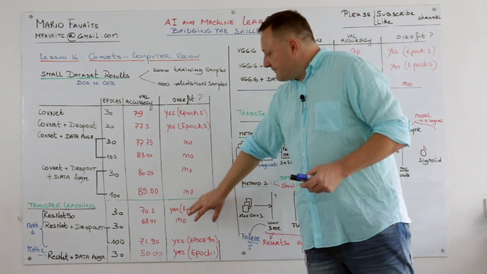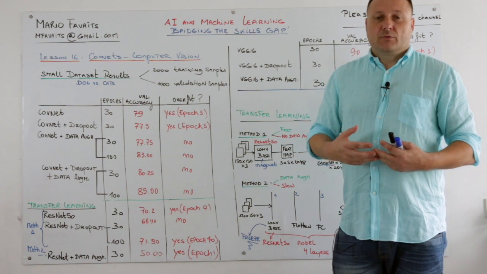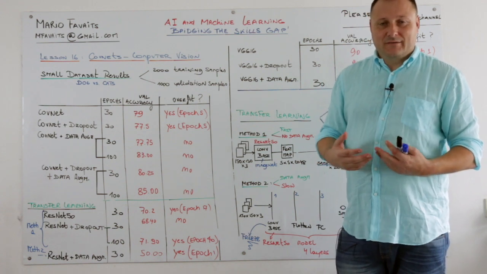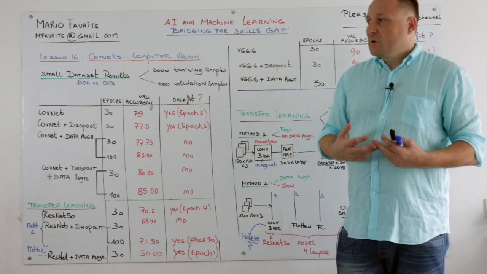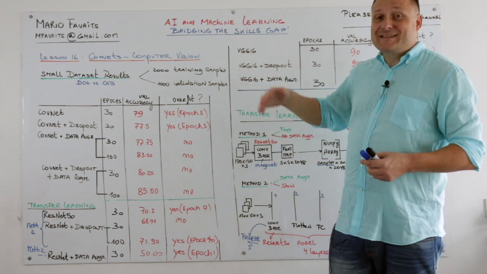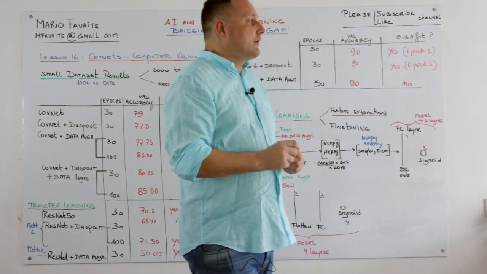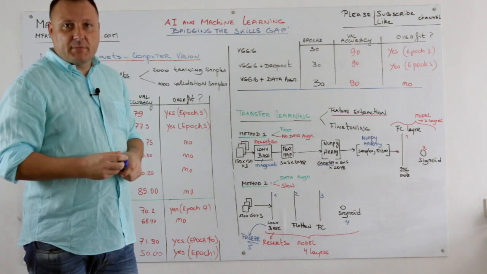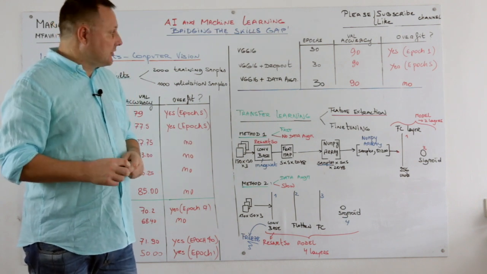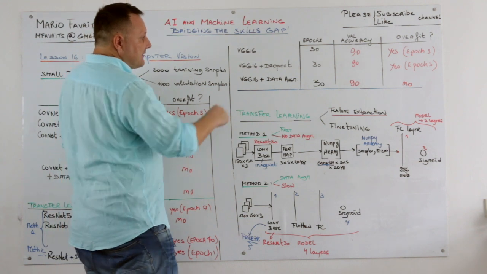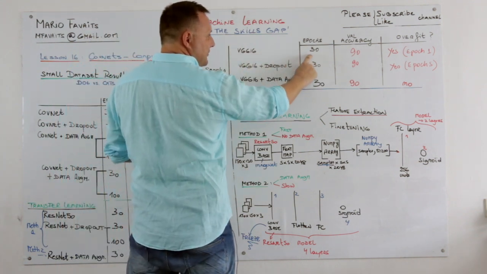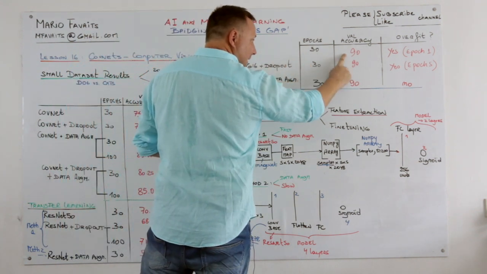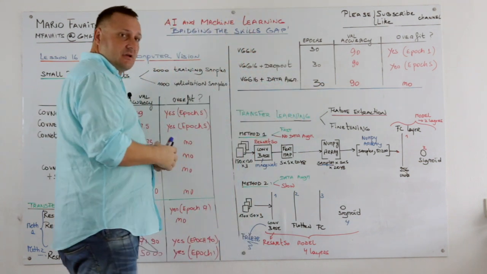Because the ResNet convolutional base doesn't give us any improvement, we decided to look at VGG16 as well. We know the results are going to be better because it's the Covnet that is used by Francois Chollet in his book. So in this case we took VGG16, 30 epochs, and we have 90% accuracy.